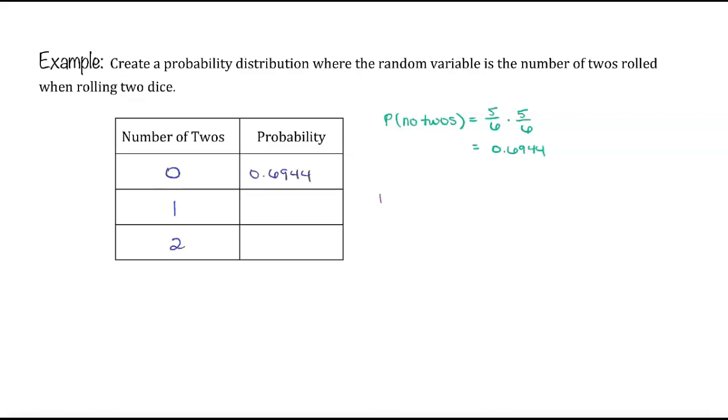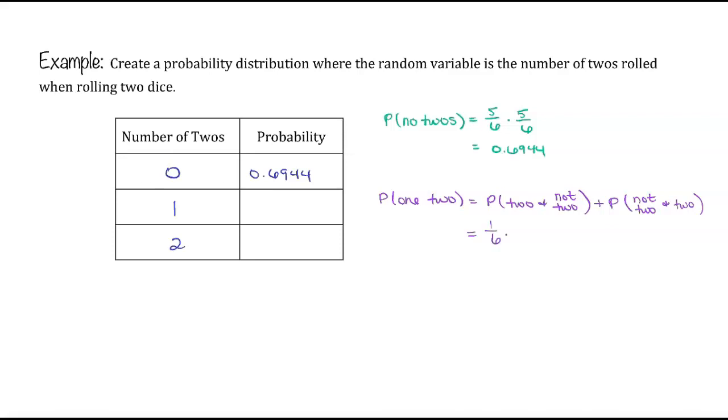Now let's calculate the probability of having 1 die land on 2. Notice that there are 2 different ways that this can happen, and we need to add those 2 probabilities together. We need the probability of the first die landing on 2 and the second die not landing on 2. And we need the probability of the first die not landing on 2, while the second one does. The probability of the first die landing on a 2 is 1 divided by 6.